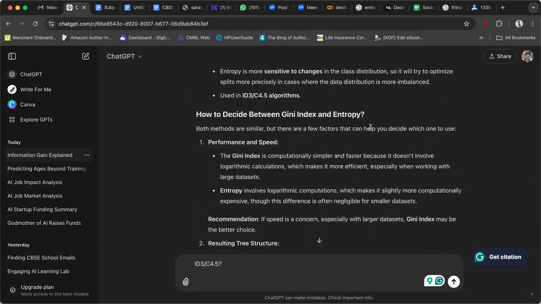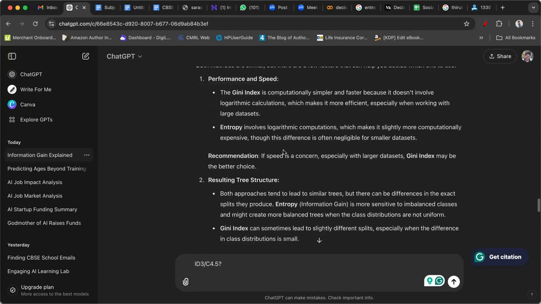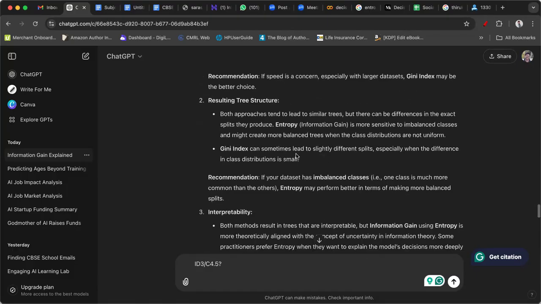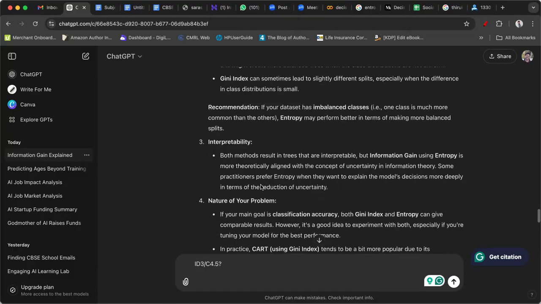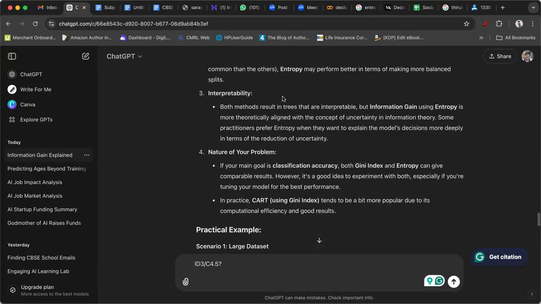How do we decide between performance and speed, and the resulting tree structure and interpretability? Both methods result in trees that are interpretable. The information gain using entropy is more theoretically aligned with the concept of uncertainty in information theory. Some practitioners prefer entropy when they want to explain the model's decisions more deeply in terms of the reduction of uncertainty.